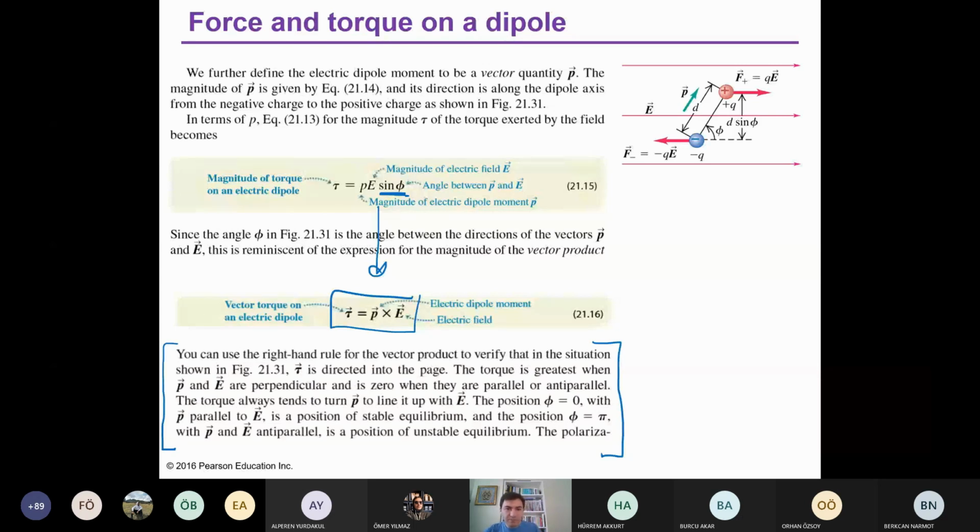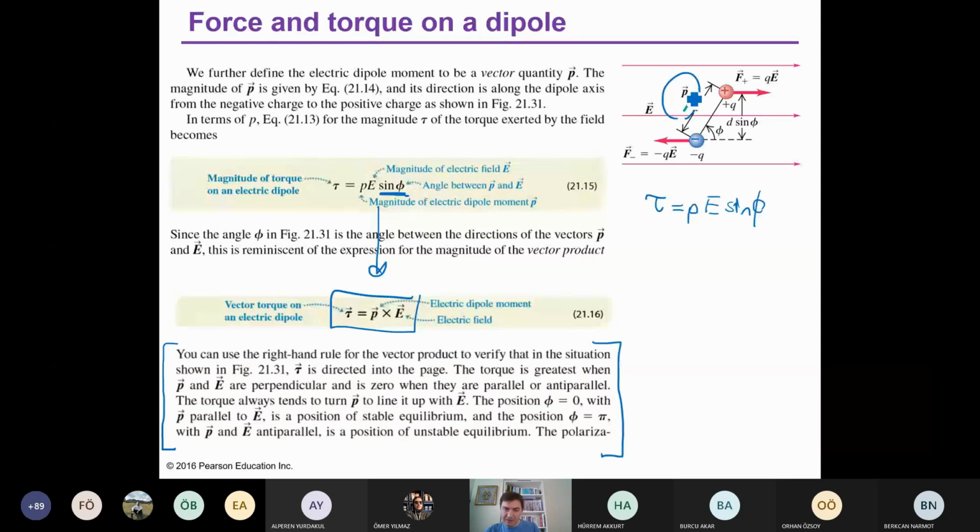So now let's talk about the torque condition. Here we have the torque equation, P E sine phi. So this is the direction of the P. What is P? Magnitude of electric dipole moment.